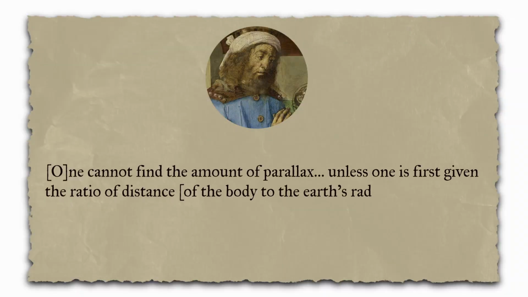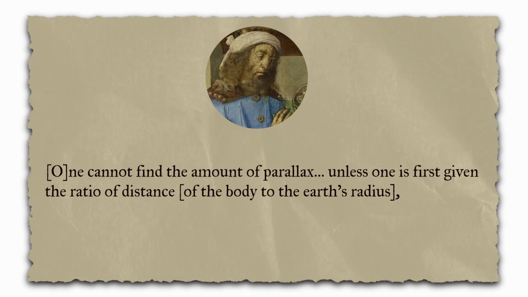But if you want to use the model to predict where the Moon would appear in the sky, you will need to take parallax into account. This chapter ends up being free of math and is generally Ptolemy laying out a bit of a roadmap for what we're going to need to determine parallax. Most importantly, he tells us, we'll need the ratio of the distance to the Moon and Earth's radius. But how to know this?